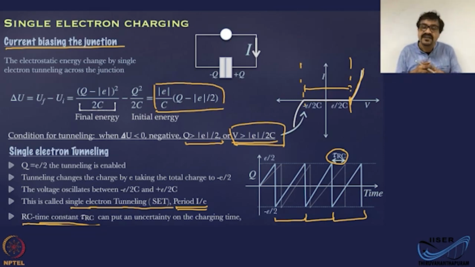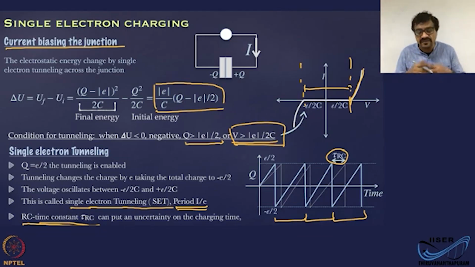But these energy scales are not that high to observe these effects at normal temperature, so most of the time you need a low temperature environment. We also looked at tunneling through a single junction in the context of weak coupling between the source and drain, using the Fermi golden rule and some simple mathematics.